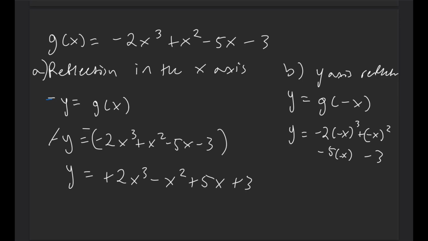So basically wherever you see an x, replace it with a negative x. So then that's going to become y is equal to 2x to the 3 plus x squared plus 5x minus 3.